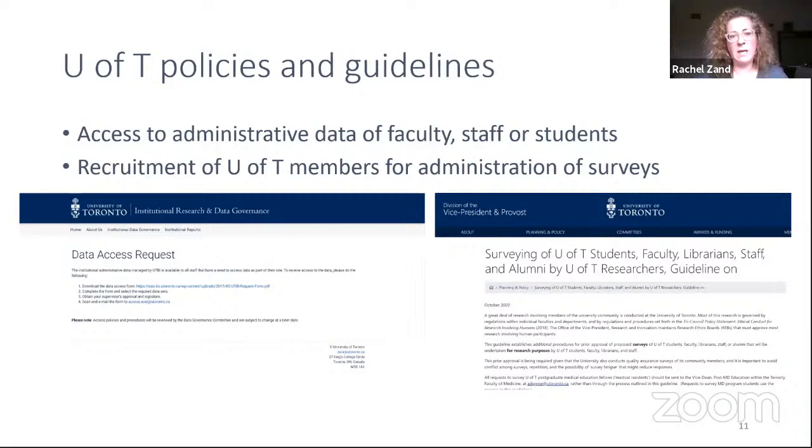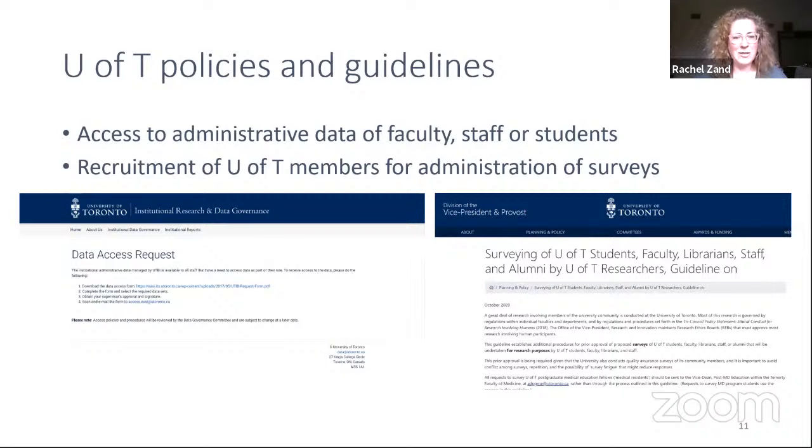And this may be HR records, it could be records of students in terms of demographics or in terms of grades or a combination. And it's important that the university provide that approval for access. And so there's a process, it actually just started a little while ago, a formalized process to request access to administrative data.